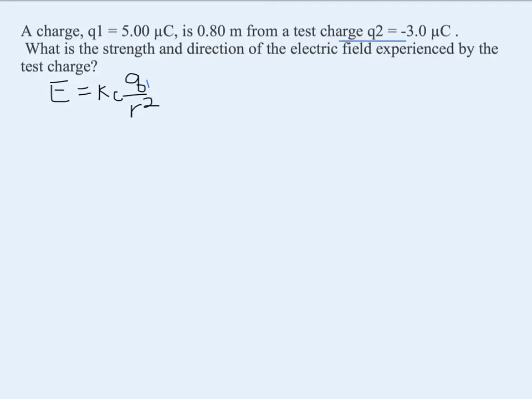Q2 is our test charge, so Q1 is the one creating the field. So we know that Q1 equals 5 microcoulombs. Remember, micro means times 10 to the negative 6th. You need to remember that. So it'll be 5 times 10 to the negative 6 coulombs. Then it says it's 0.8 meters, so that's our distance.